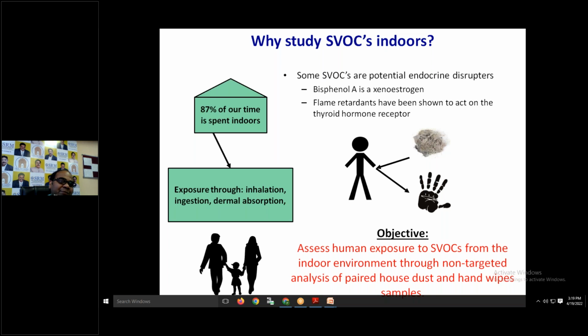87% of our time is spent indoors. So we are spending maximum time in the indoor zone, right? Wherever, suppose you are working in any office, or you are going home, you are interacting with different kinds of home appliances or indoor rooms, right? So that is the reason why we are exposed to different contaminants every time, and there is a chance also these may affect your system, right?